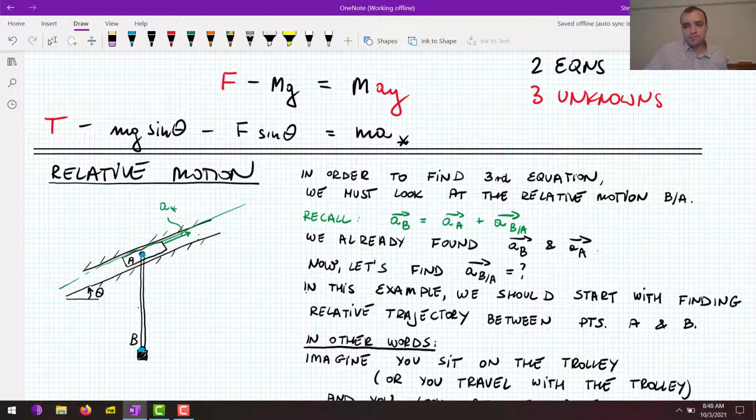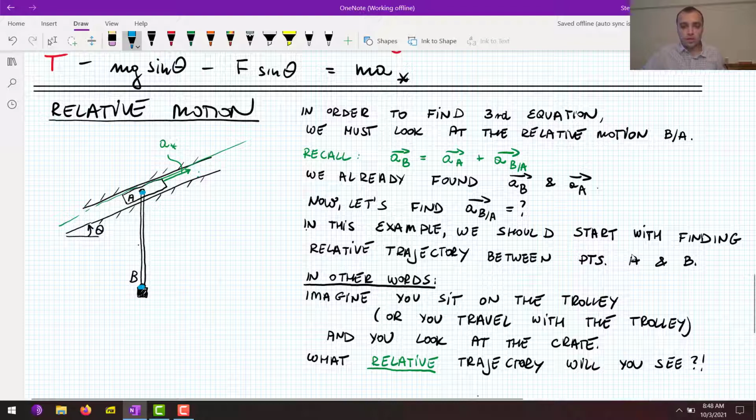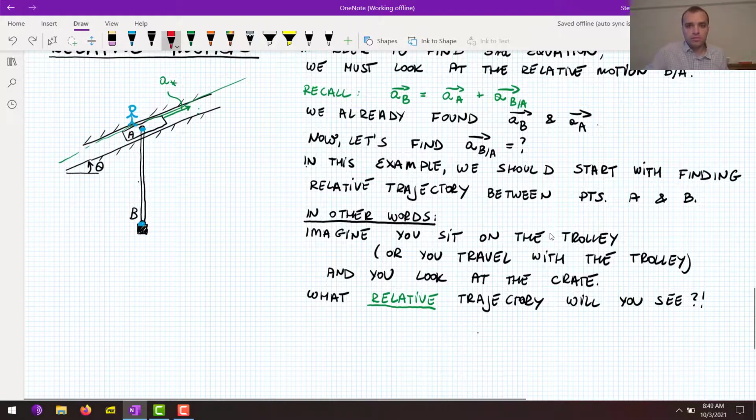In other words, if you imagine that you sit on the trolley or you travel with the trolley and you have a look at the crate. So imagine that you are here and you travel with the trolley and you look at the crate. What relative trajectory will you see there? And I believe that you guys told me on Friday that the relative trajectory will be a circle.